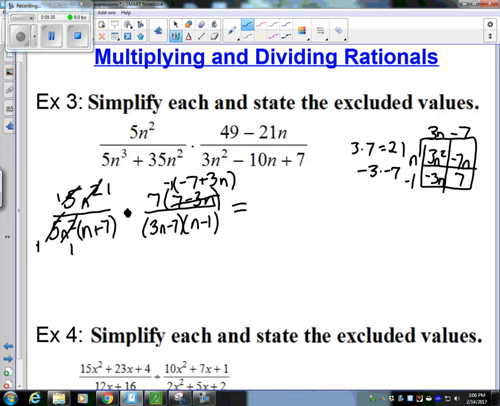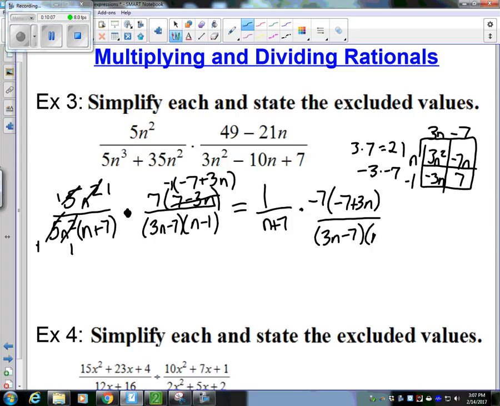So over here we have 1 over 1 times 1 times n plus 7. Then we have 7 times negative 1, and then negative 1 times 7 is negative 7, over the factors 3n minus 7 times n minus 1.